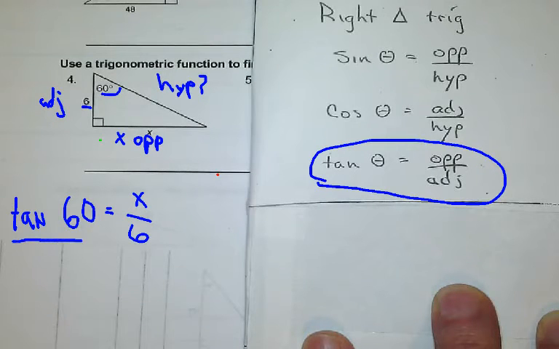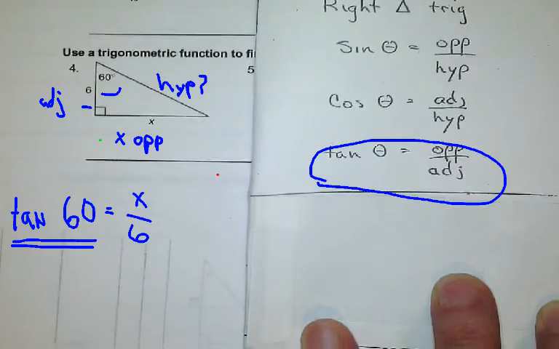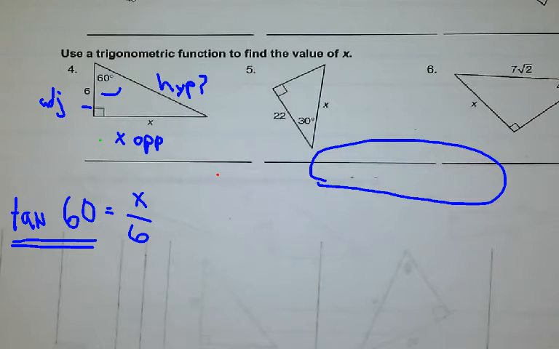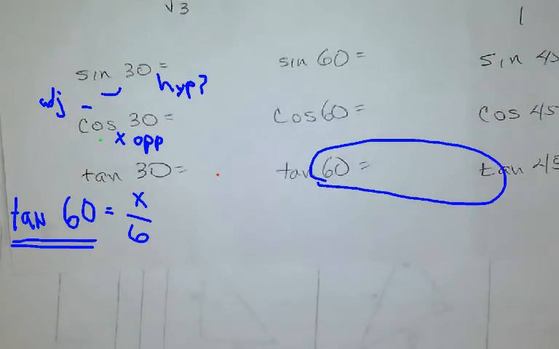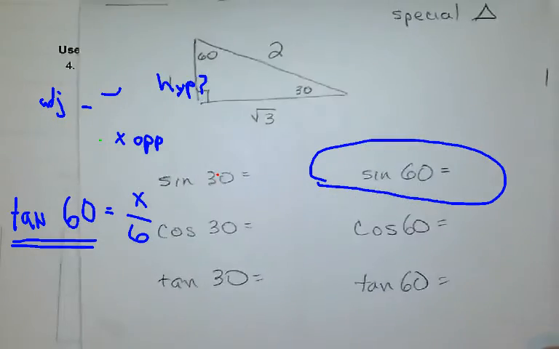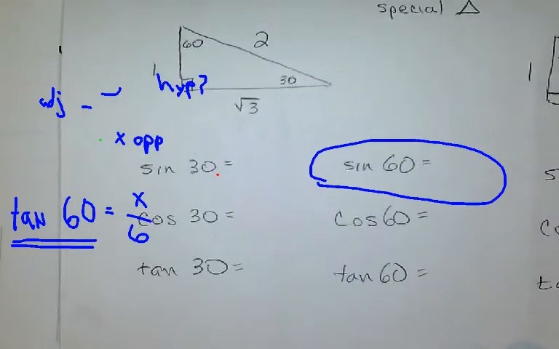Now, we have to know that data that we wrote yesterday. So if you look at this little sheet right here, you filled out all of these problems, and the one we're interested in is this one right here.